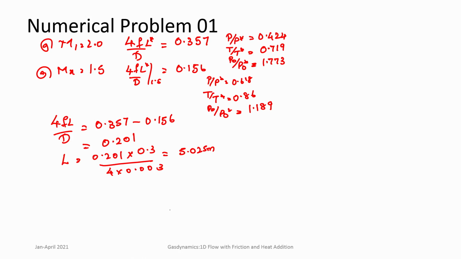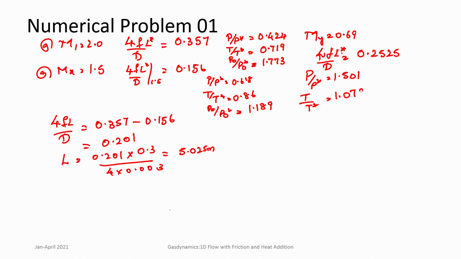Similarly, now across the shock you know the conditions. Across the shock, the Mach number My is 0.69, and 4 f L star by D for 0.69 is 0.2525. P by P star is 1.501, and T by T star and P naught by P naught star is 1.1048.